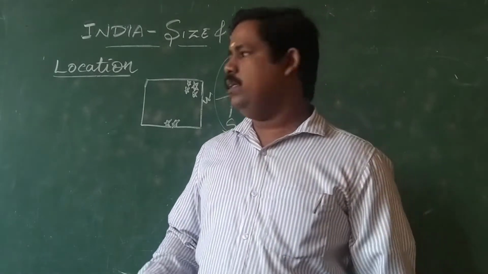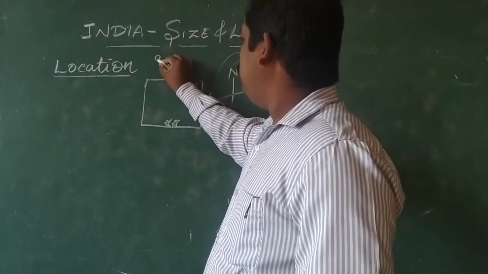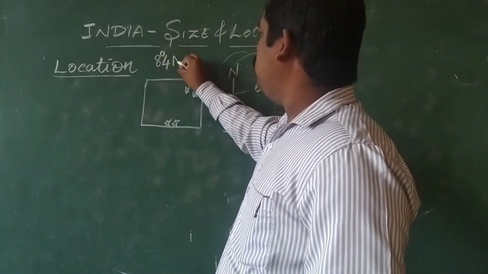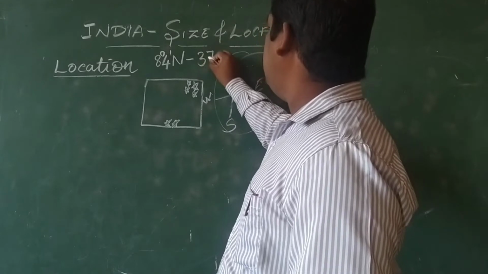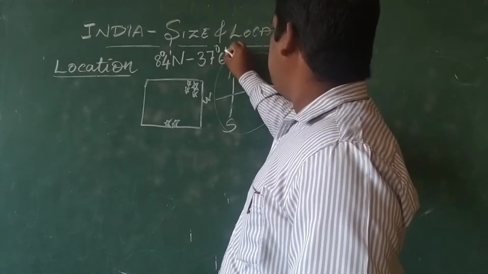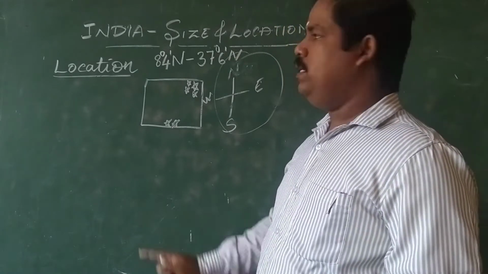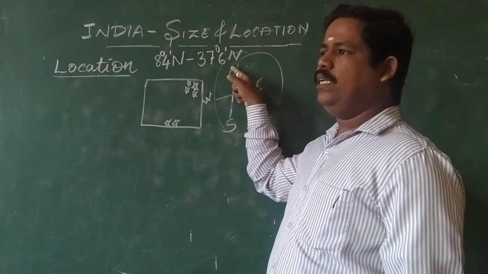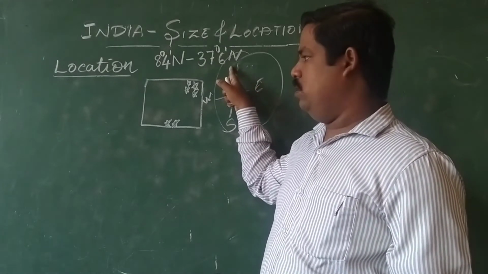First point, you can mark it down that India is located between 8 degree 4 minute north to 37 degree 6 minute north. India is located between 8 degree 4 minute north to 37 degree 6 minute north. It means it is north latitude.